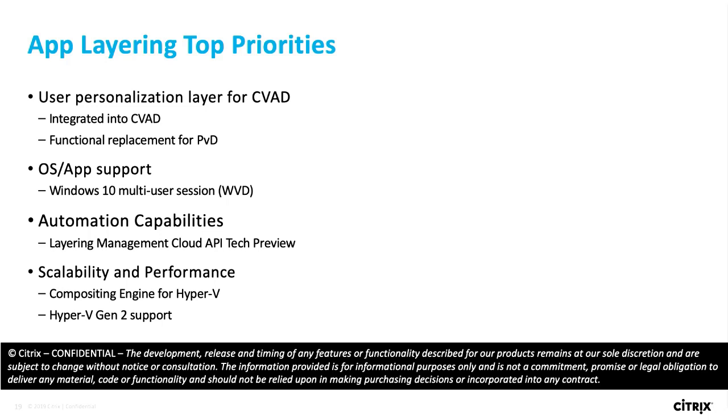And what's really cool is it fully supports non-persistent pooled catalogs, which PVD of course does not. Fully supports Windows 10, has the full capabilities that the full user layer feature has in app layering today. But it's really a direct integration into CVAD, and therefore we hope will be easier to adopt for customers who haven't been able to do that forklift to the app layering product solution.